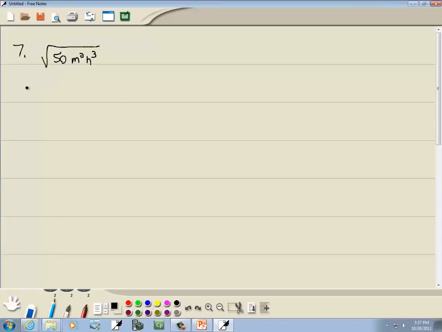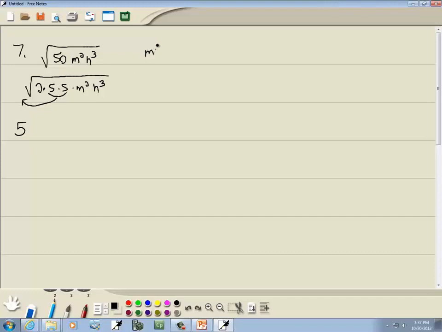Okay, first, let's look at the numbers. 50, that's 2 times 25, so 2 times 5 times 5. M squared n to the third. Okay, so with our numbers, this is a square root. It's by default 2 for the index. So we're looking for a pair of somethings. Here's a pair of 5s. Those are going to come out as a single 5.